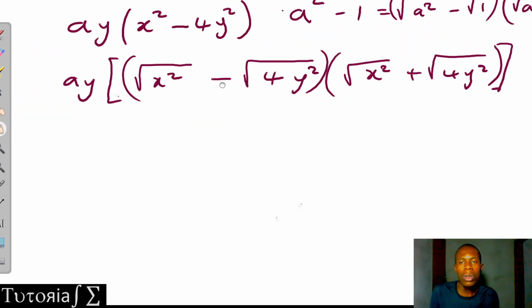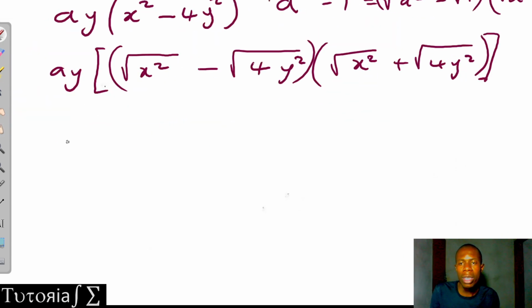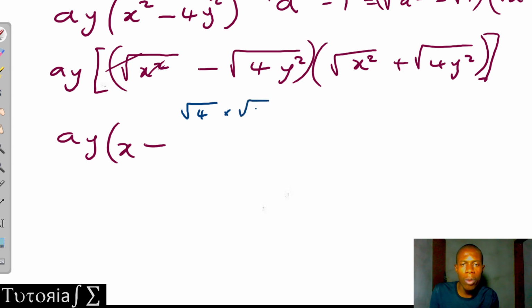Okay, so now here we simplify. So this is ay, this is simplified with that. So remember, a square root is simply a half power, so this would be x minus, here this can be written as root of 4 times root of y squared.